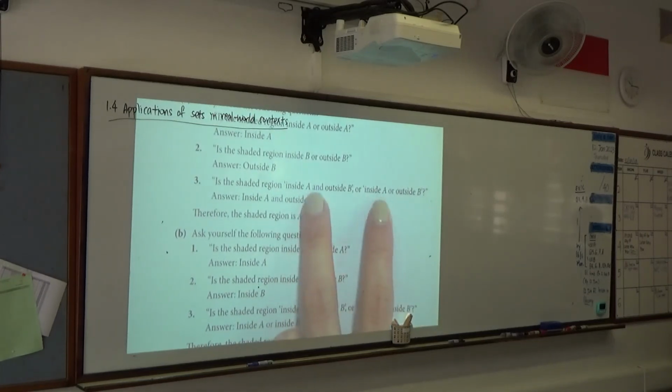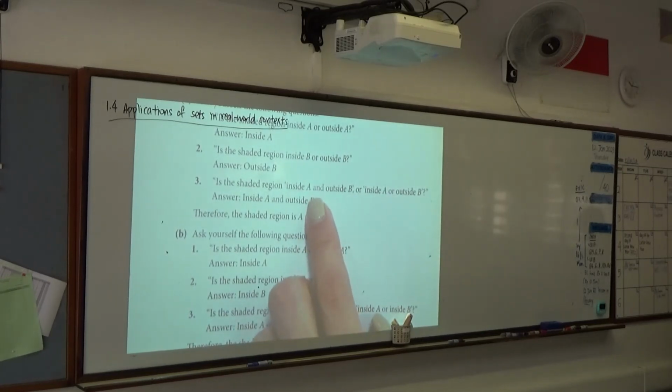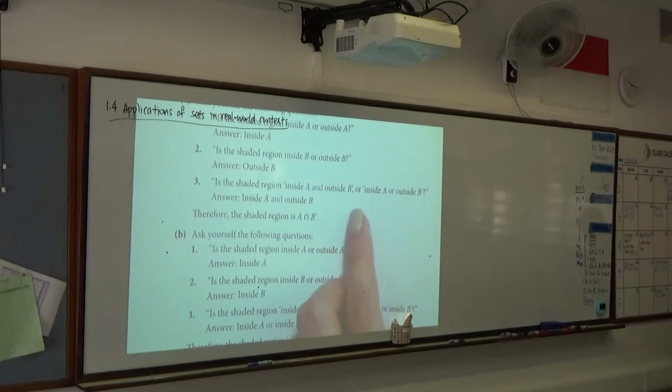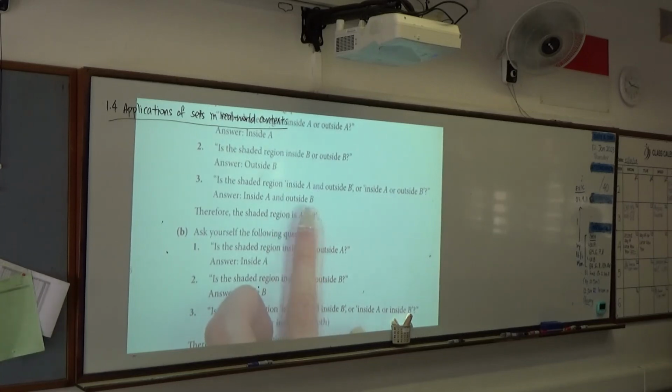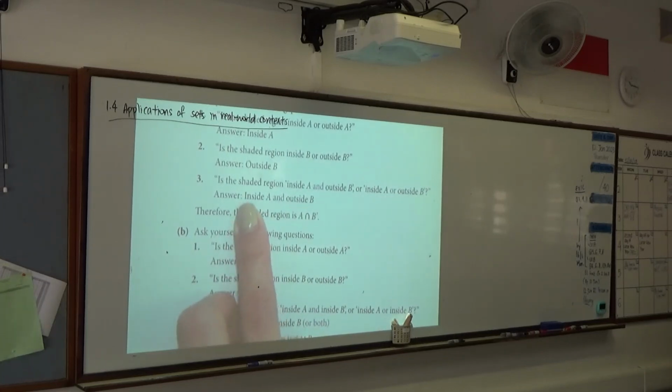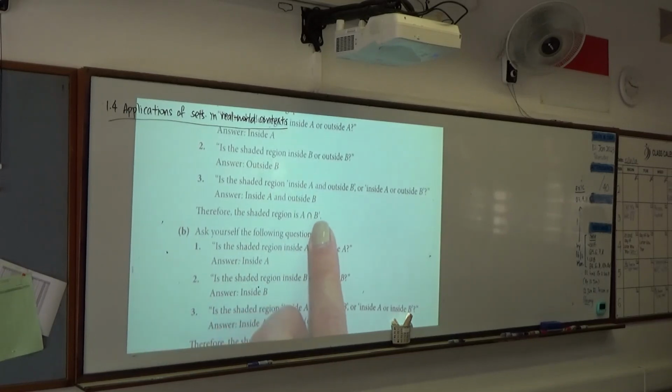There is a difference in the word and or. And means both at the same time, okay, or means either one of it. Okay, so the conclusion is that it is inside A and outside B. Inside A would mean that we have the notation A. Outside B will actually refer to the notation B complement.